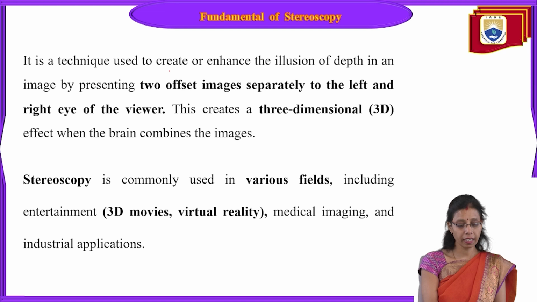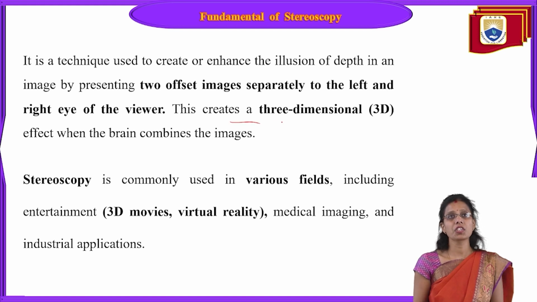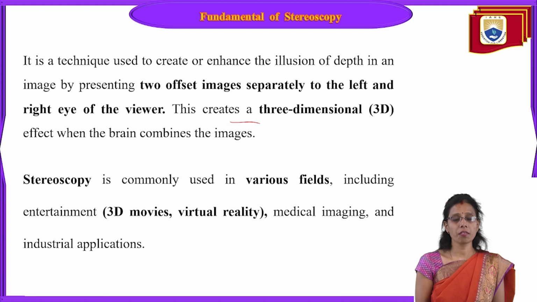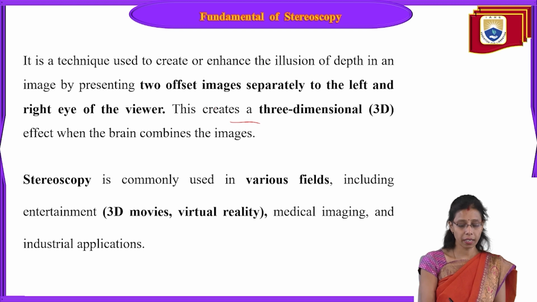Now, it is a technique used to create or enhance the illusion of depth in an image by presenting two offset images separately to the left and right eye of the viewer. This creates a three-dimensional effect when the brain combines the images. That means when you see from your left eye and when you see from your right eye, you see two different, separate images.